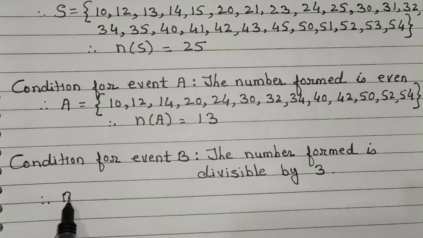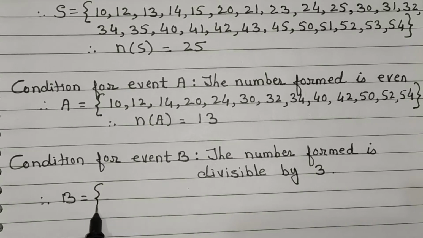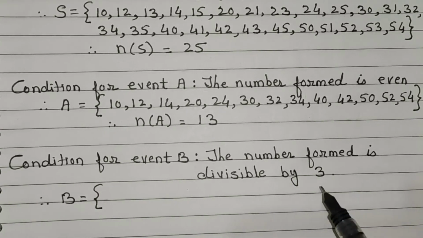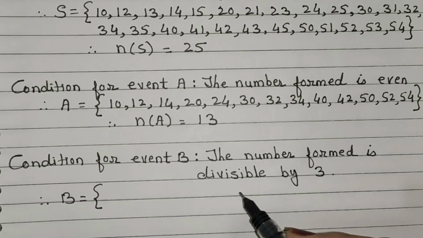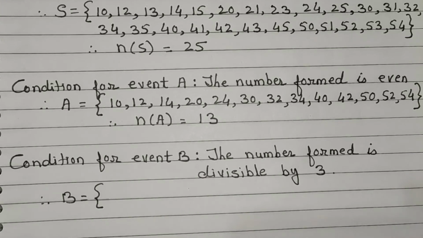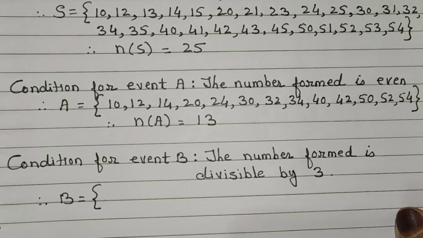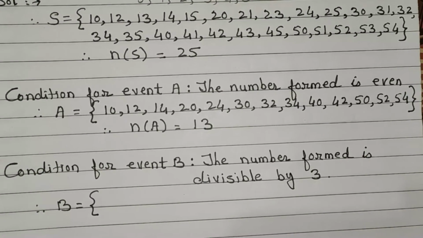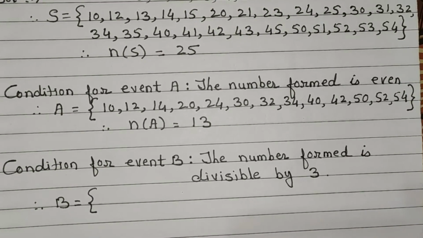Therefore B is equal to, now divisible by 3. Divisibility test of 3, we know that if the sum of the digits is divisible by 3, then the number is divisible by 3. Therefore look at the sample space here.